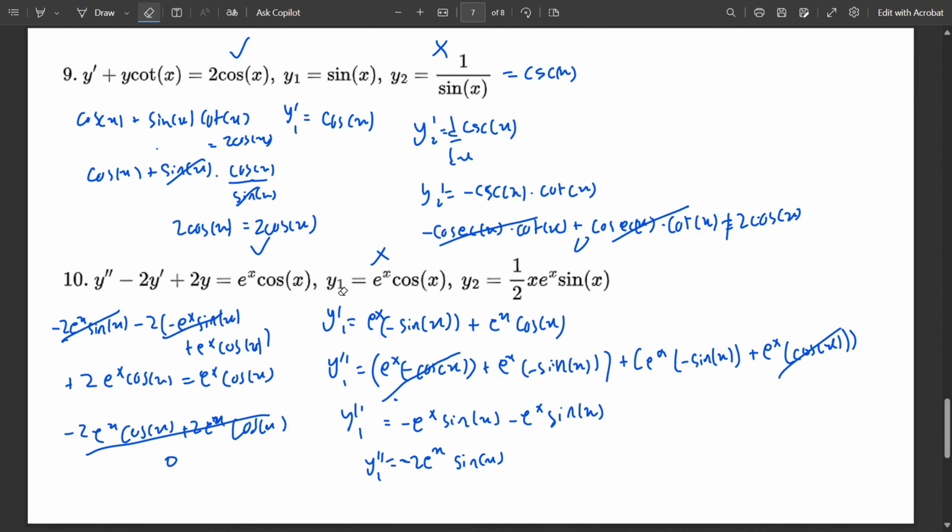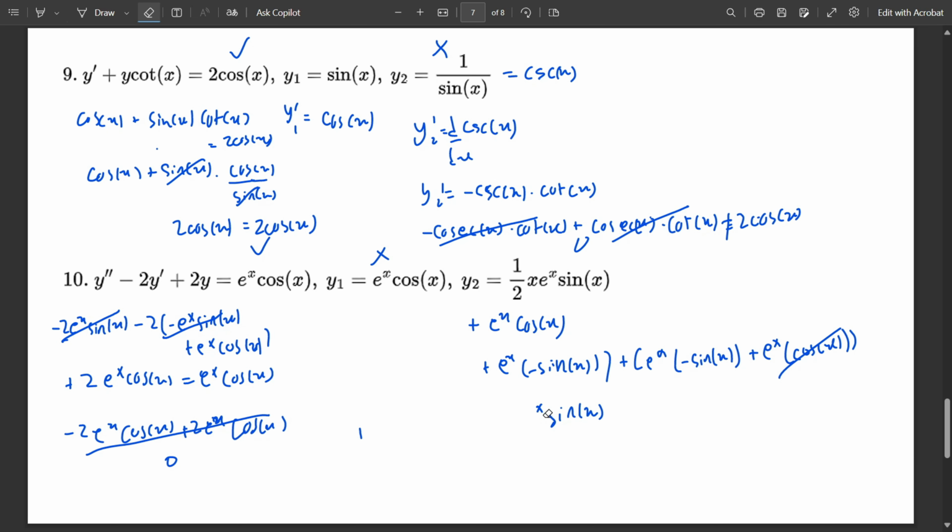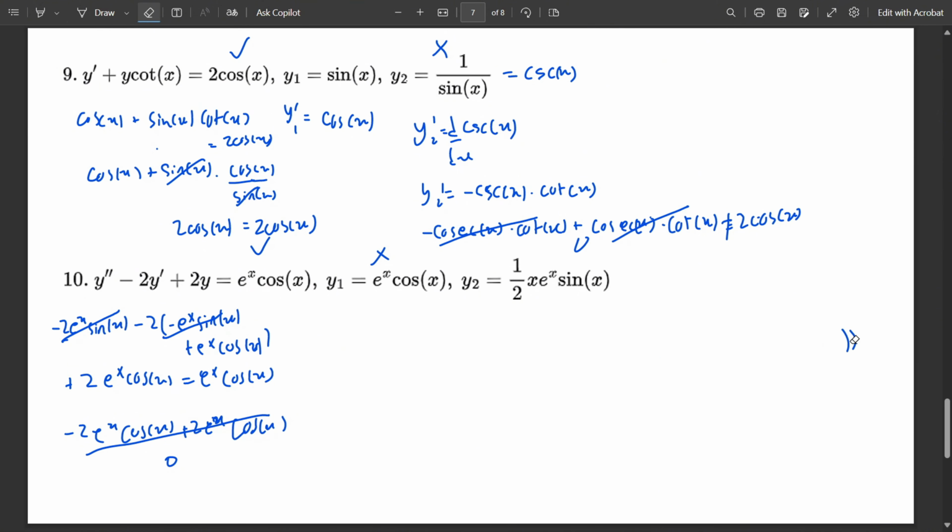And let's try the other one, y2. And so y prime is, well, okay, we have y times the derivative with respect to x of our x e to the x sine of x.